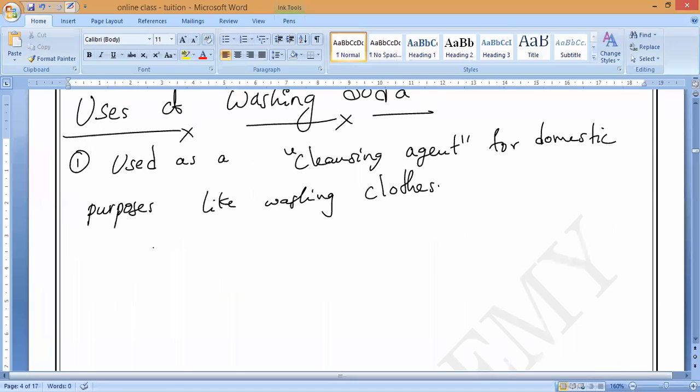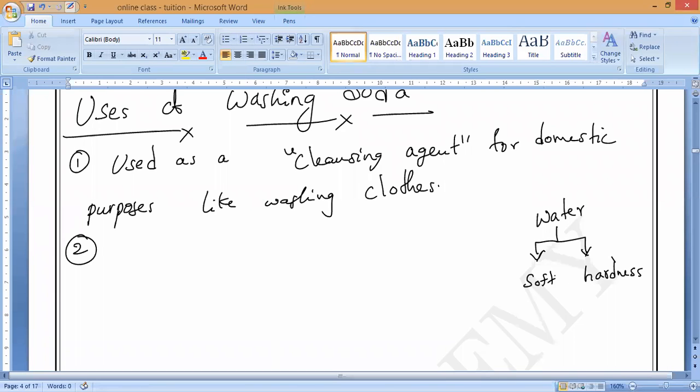Next, the second use. You may have studied or not, but basically we have two types of water. All the water is not good. One is soft water, and another one is hard water.